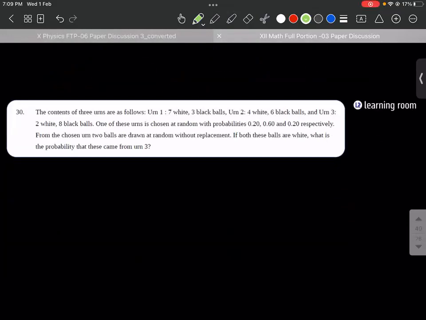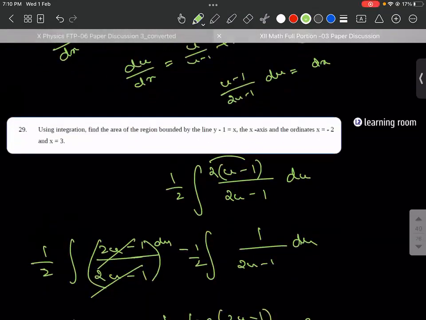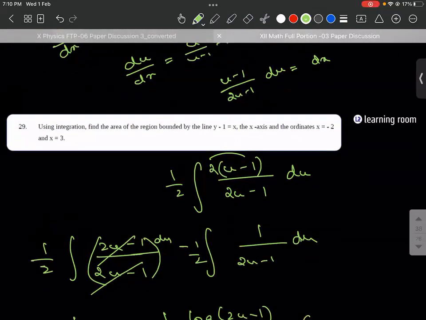So what is the answer for the 30th? Sir, 29. This 29. Oh, 29, there is a problem. Using integration, find the area of the region bound by the line y is equal to 1 plus x, then x-axis and the ordinates x is equal to -2 and x is equal to 3.